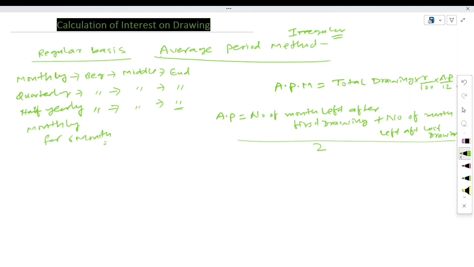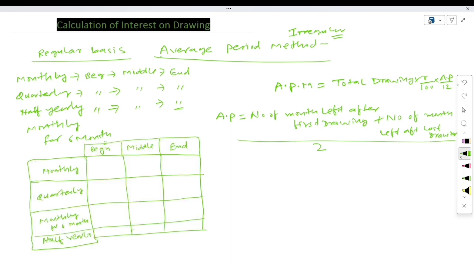Now see here, what would be the circumstances that will create regular basis? Okay, now see here, this is the format. These will be the circumstances of regular basis of drawing. First, monthly basis, the partner can withdraw the amount. Second, quarterly basis.